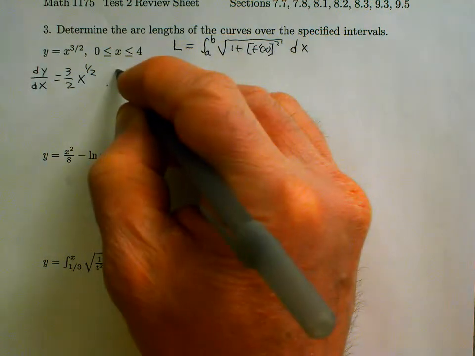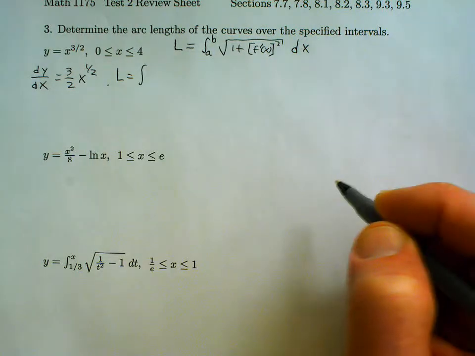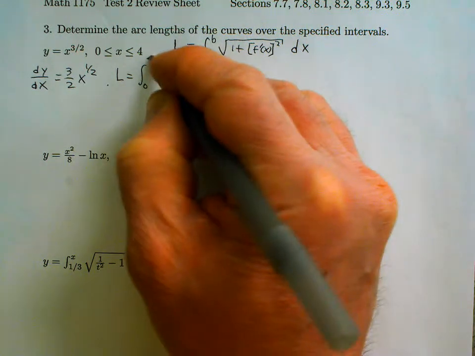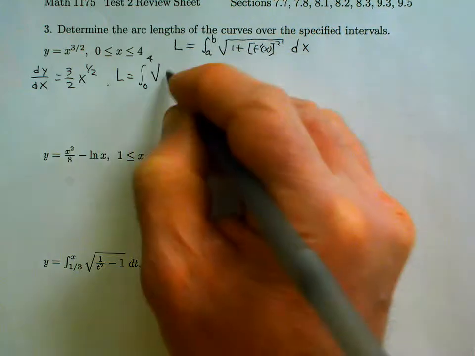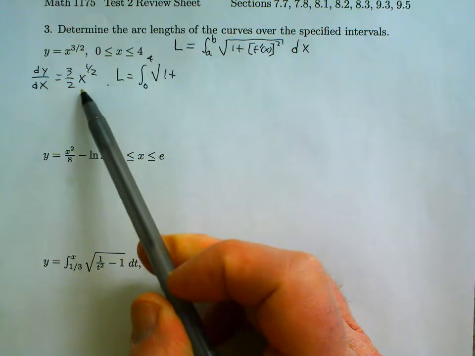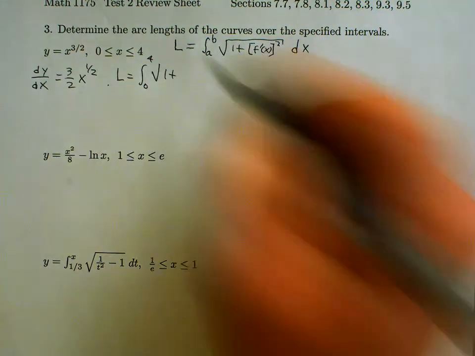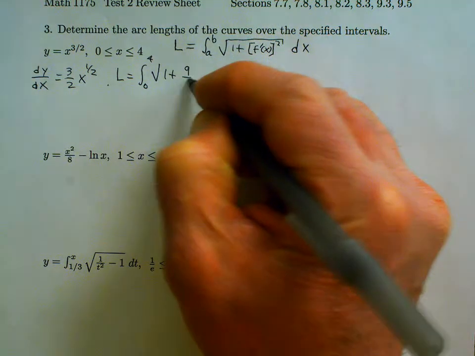And so the arc length on the interval from 0 to 4 is the integral of the square root of 1 plus the square of the derivative. So when we square 3/2 x to the 1/2, we get 9/4 x.